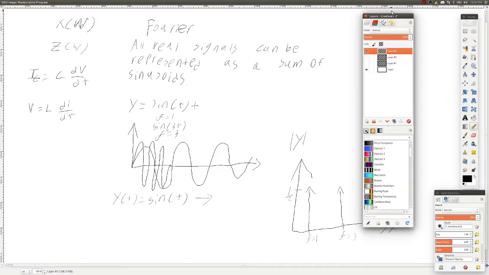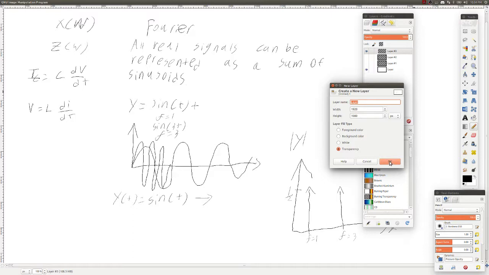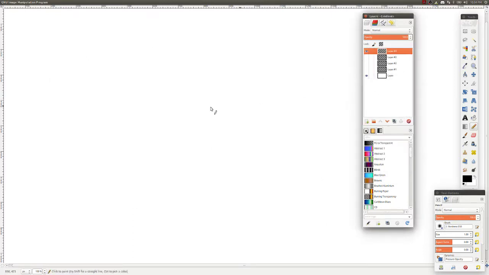This method can be used for any signal. This can be used for any real signal that occurs in nature. Any continuous function has a frequency domain representation that is a sum of sinusoids, including something wonky like a square wave.